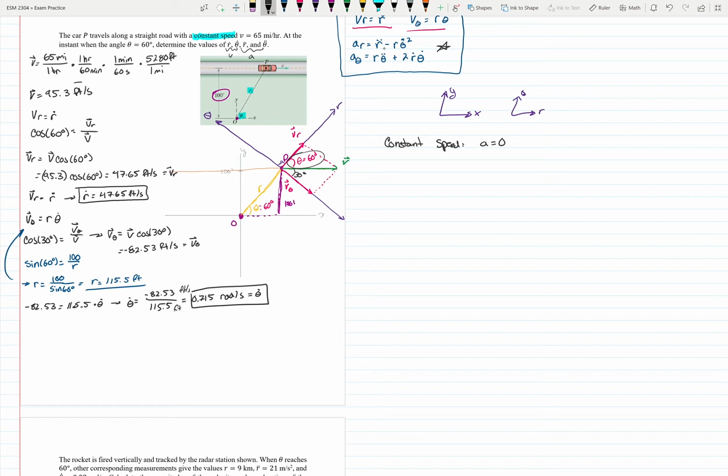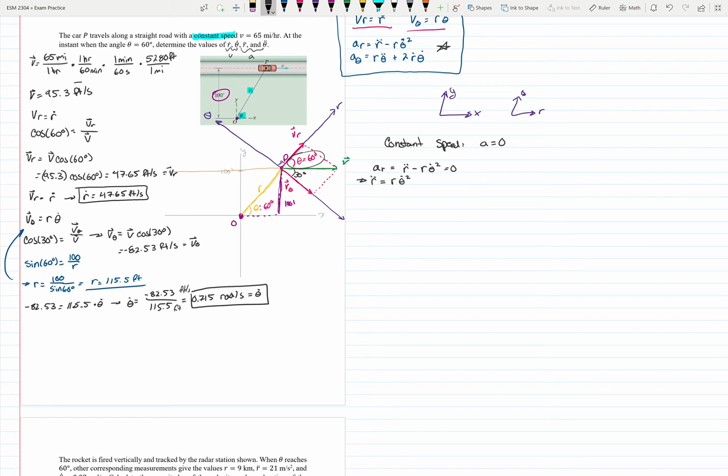So that results in our acceleration in the r direction. a_r is equal to r double dot minus r theta dot squared, which is equal to 0. Since we're solving for r double dot, this is the same as writing r double dot is equal to r theta dot squared.